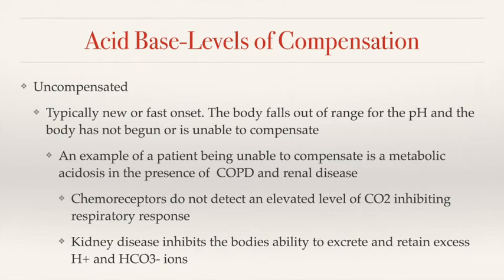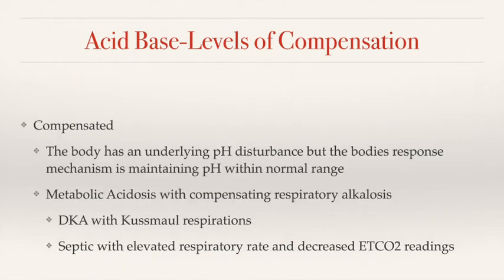So an increase in CO2 is not going to trigger a COPDer to increase their respiratory rate. And if they have renal disease, they might have issues excreting the hydrogen ions and retaining carbonate ions. So this would be an example of a patient not being able to compensate. Or, like I said, it could just be a new onset as well.